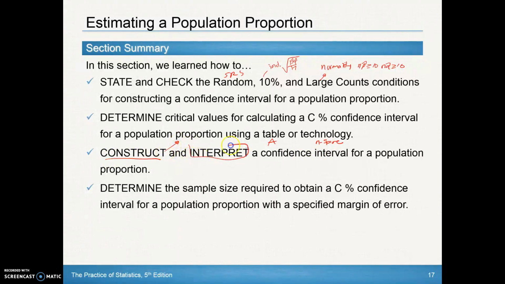The interpretation is the conclusion part. Don't forget to do that. And then this last lesson that we just talked about today is being able to determine the sample size, just a remanipulation of the margin of error formula to solve for n, given the other parameters are stated for us.